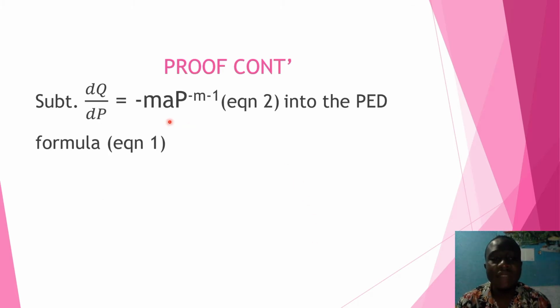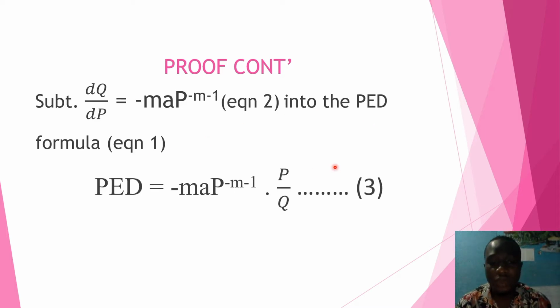Now that we've gotten dQ/dP, which is the differential of the demand function with respect to P, let us substitute equation 2 into the price elasticity of demand formula, equation 1.